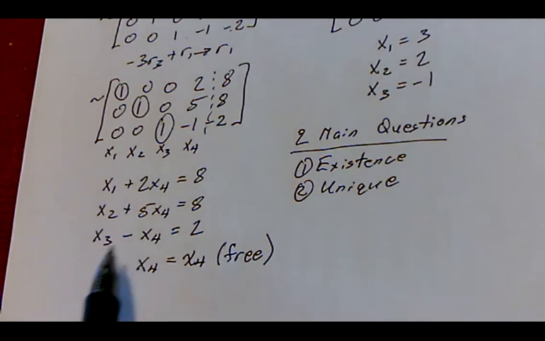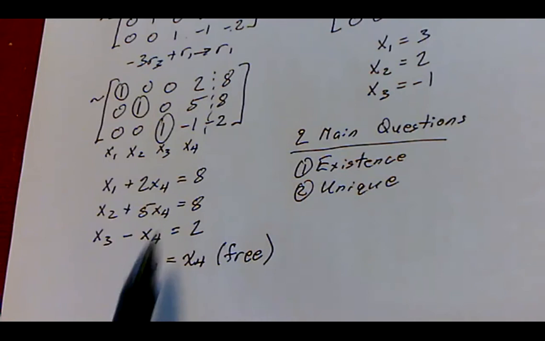Okay, so as I look at this matrix, it has a solution. It has a great many of them actually, but that solution is not unique because I can pick any value for x4. Say I pick 0, that's a solution. If I pick x4 is equal to 1, well then I could plug in the 1 here for each of these x4s, and that gets me a different solution. Okay, so the solution clearly exists, but it's not unique.